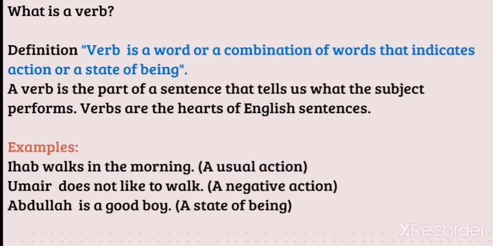In this sentence is is a verb, but here is doesn't show any action but is used for a state of being. अब्दुल्ला किस तरह का लड़का है? अब्दुल्ला is a good boy.